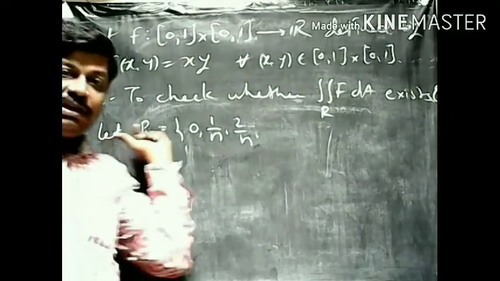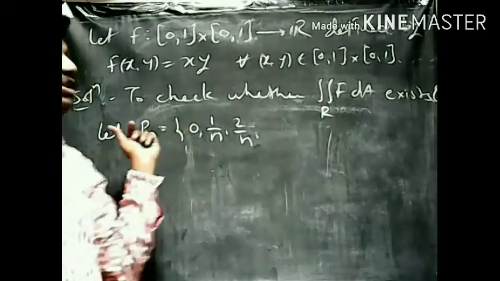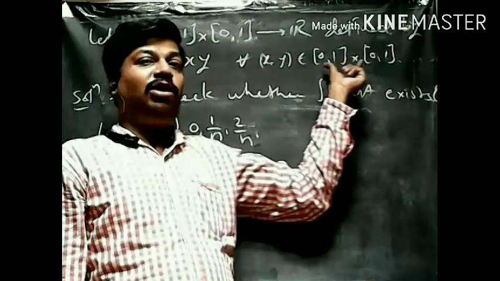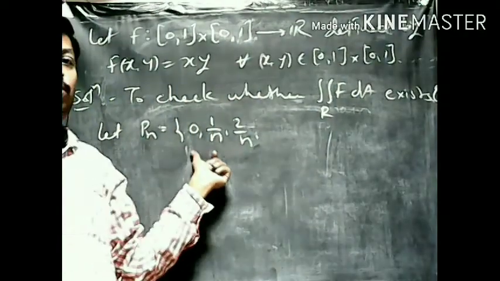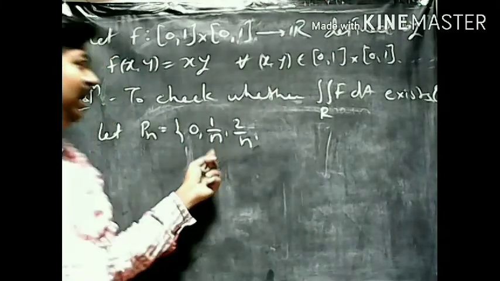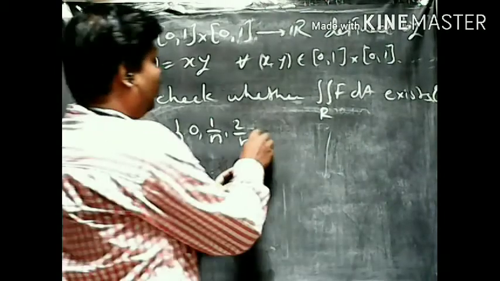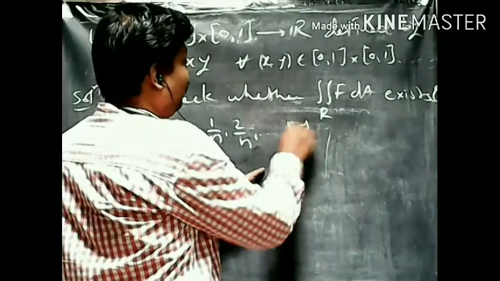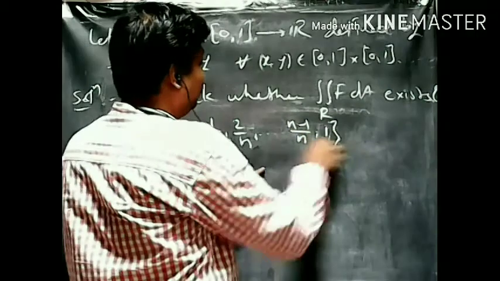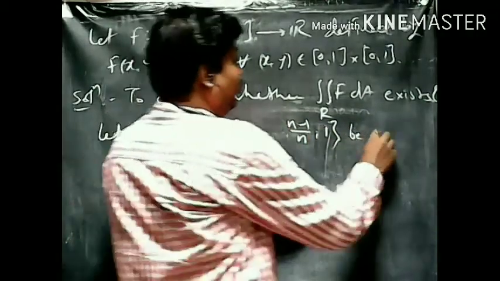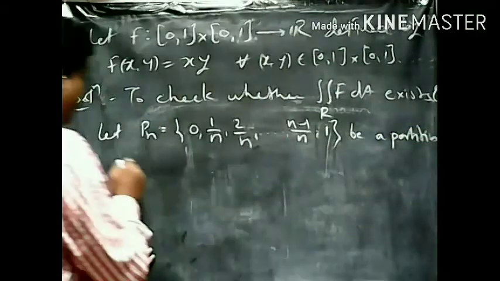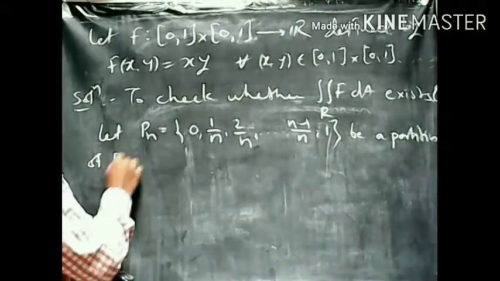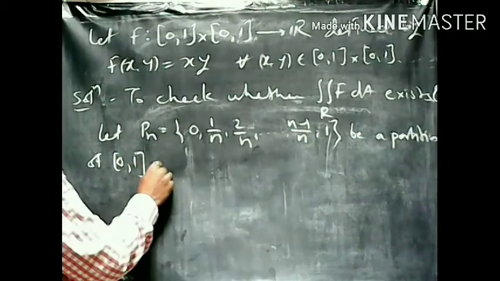To apply the definition, we have to consider a partition of that rectangular domain capital R. So let Pn equal to 0, 1/n, 2/n, ..., (n-1)/n, 1 be a partition of the closed interval [0,1].